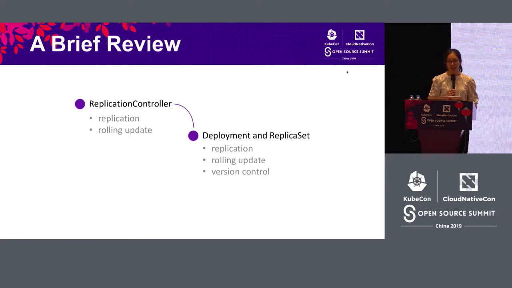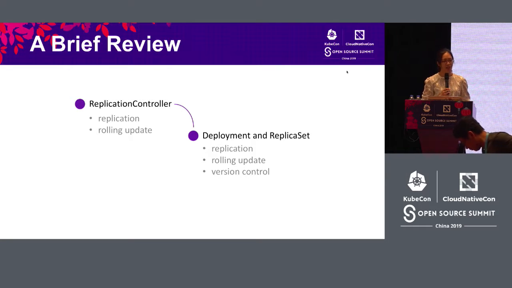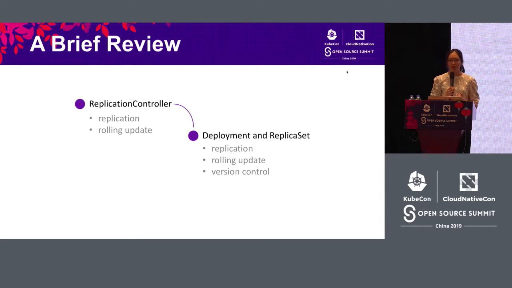The Kubernetes deployment is the replication controller, and there are 2 important tasks completed. That is the replication and the rolling update. Since then, Kubernetes has been solving the problem of availability and consistency.